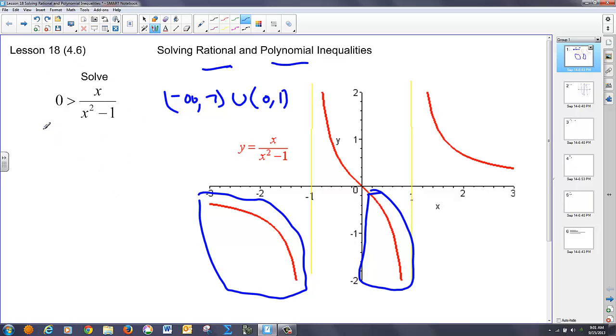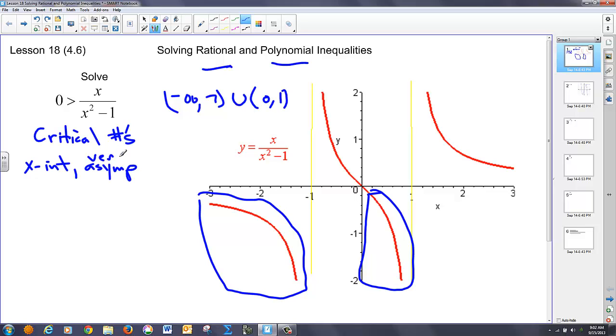Well, we have to find these critical numbers. We found those in quadratics, or where the graph either crosses an axis or where it crosses an asymptote in this case and moves from maybe a negative value to a positive value. So to find those critical numbers, you find x-intercepts and asymptotes if there are any.